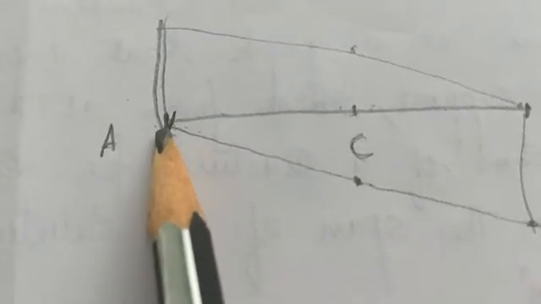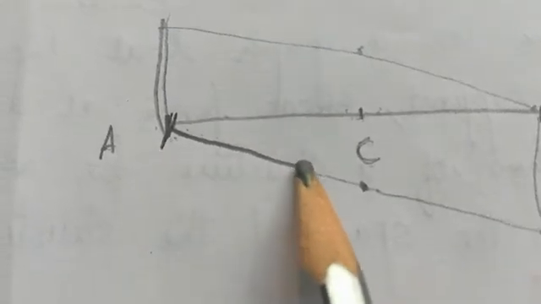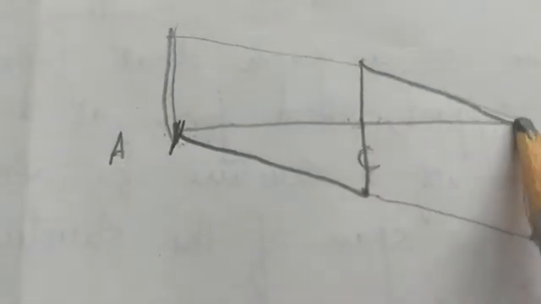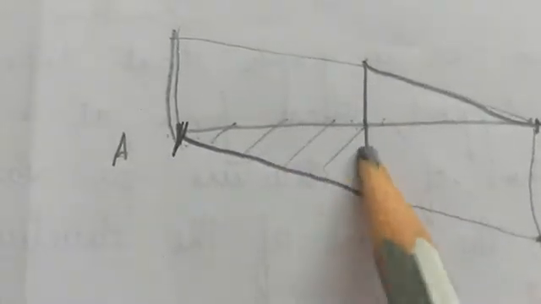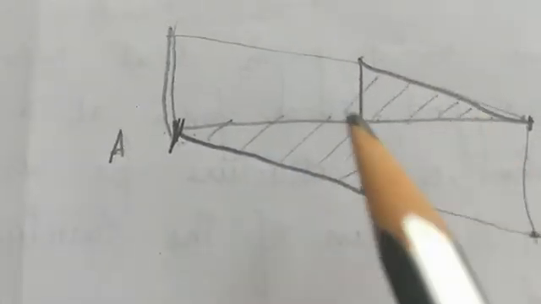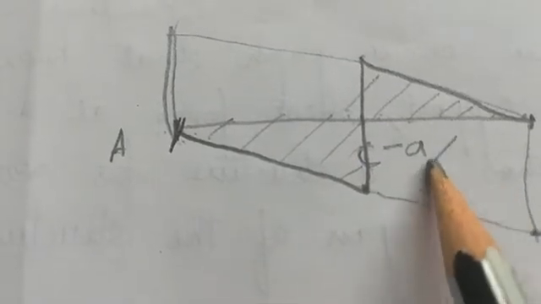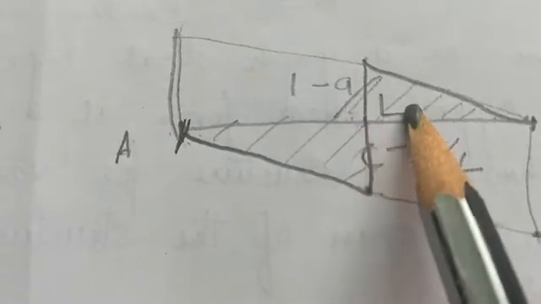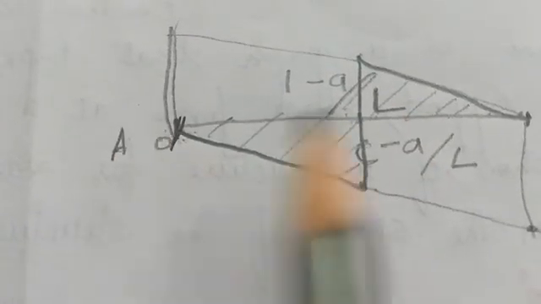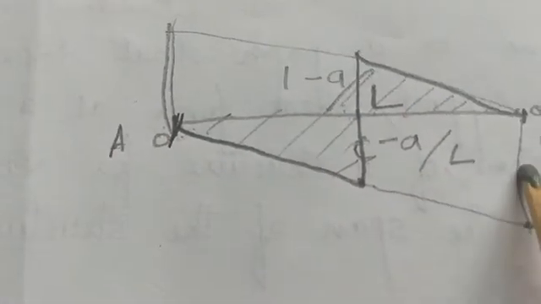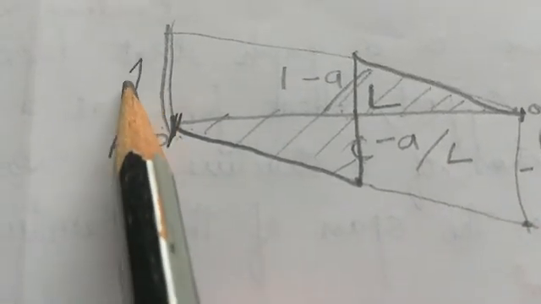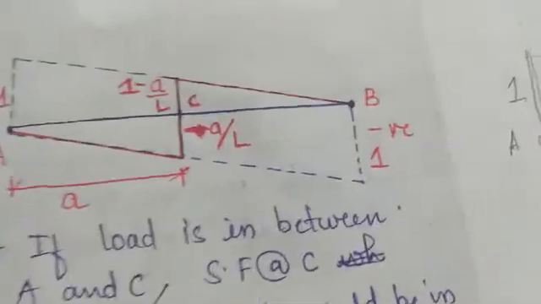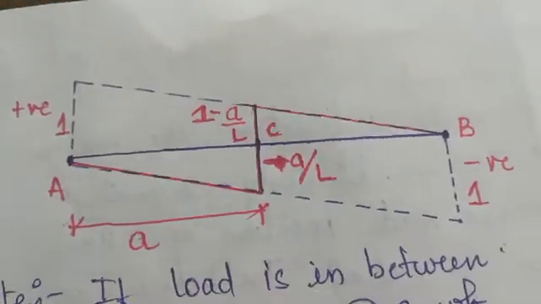The shear force value is from here to here, it is negative, it moves up, and then this is your shear force diagram. Here you have minus A divided by L, this is 1 minus A divided by L, this is 0, this is 0, this ordinate is minus 1, this ordinate is plus 1. The same thing I have drawn over here.